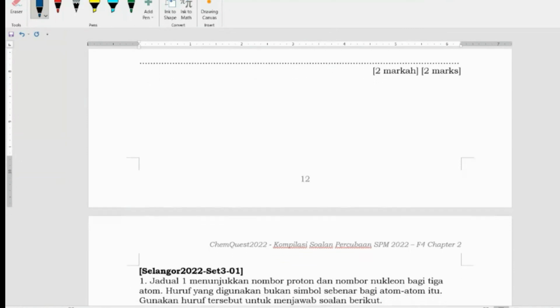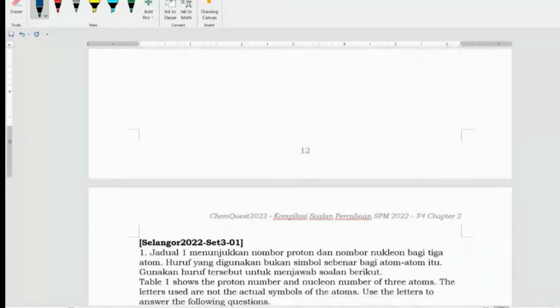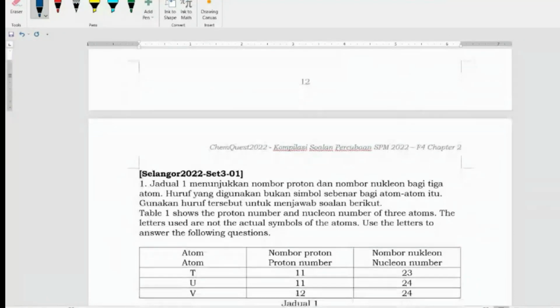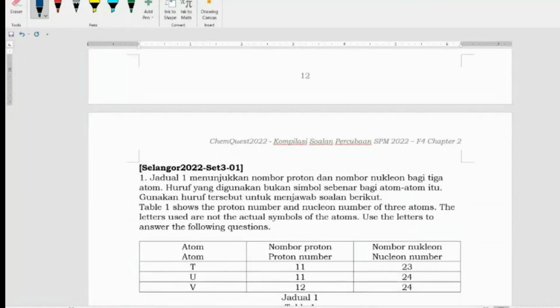Okay, Gabriel, can you read the question? Table 1 shows the proton number and nucleon number of 3 atoms. The letters used are not the actual symbols of the atoms. Use the letters to answer the following question.